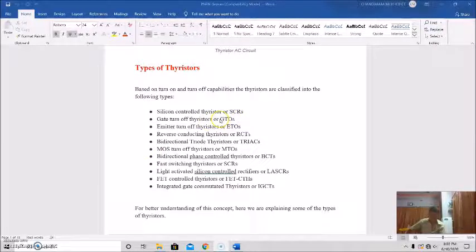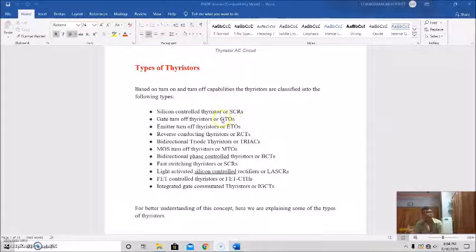We have discussed GTO in our first unit. We discussed the basic difference of GTO thyristor from SCR, silicon controlled rectifiers.